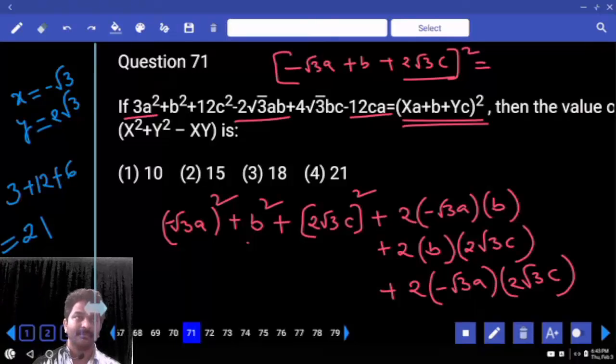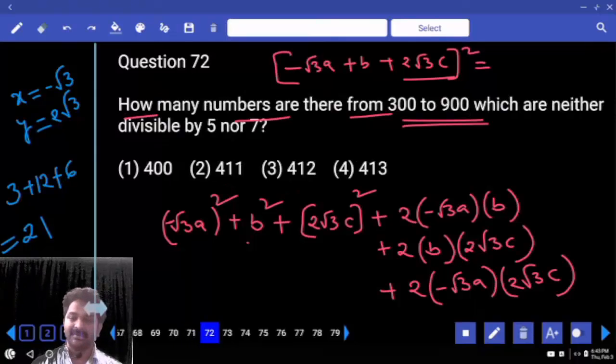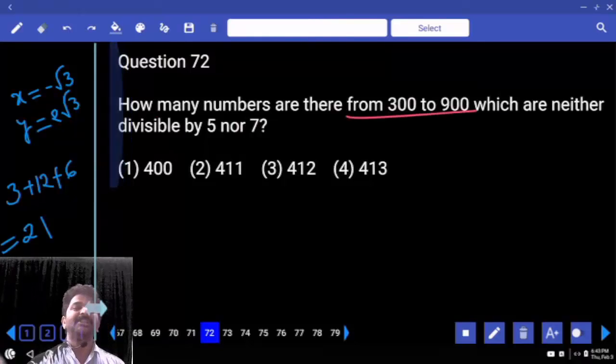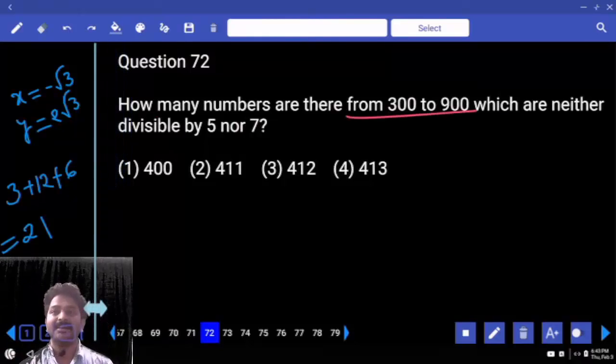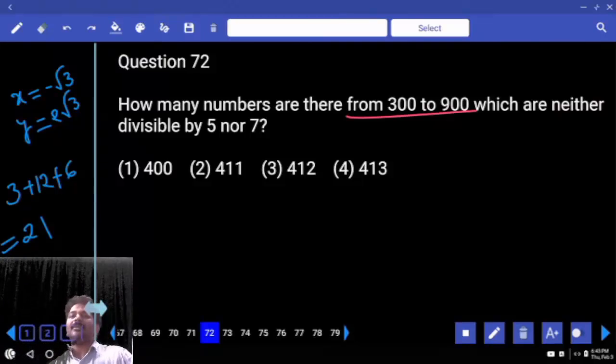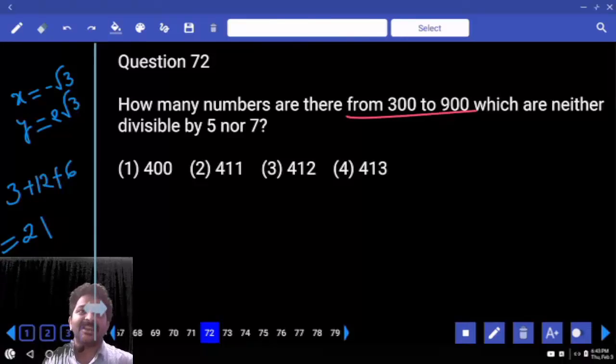Okay, right, 72. How many numbers are there from 300 to 900? From 300 in the sense, is 300 included or excluded? Come on, included. To 900, so is 900 included or excluded? Included.